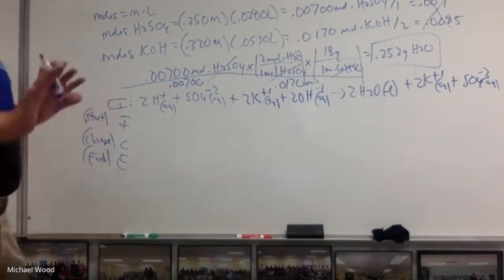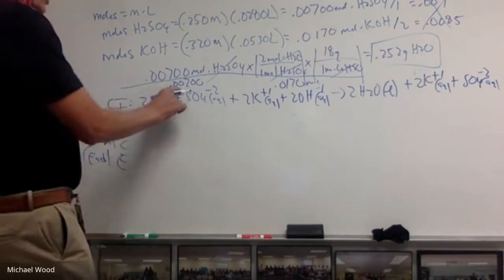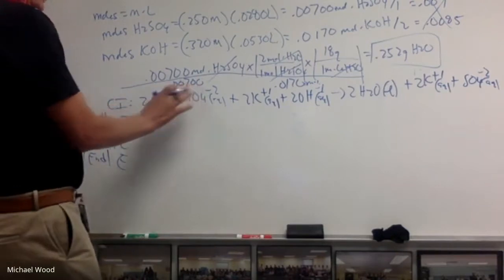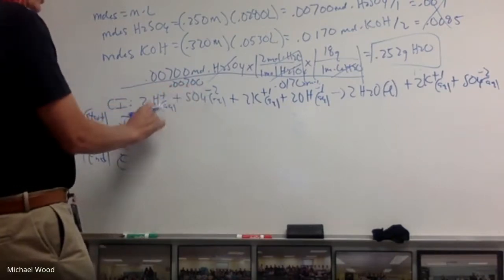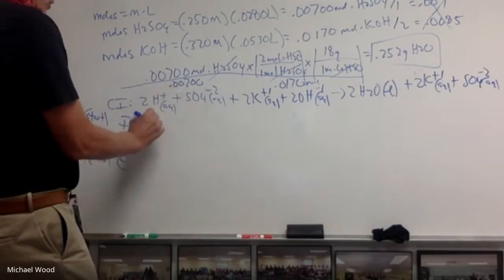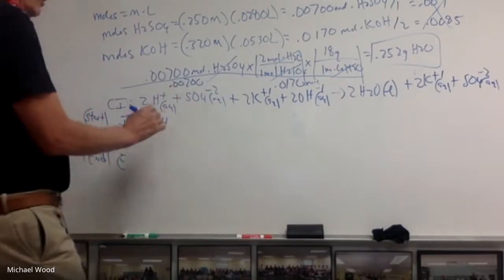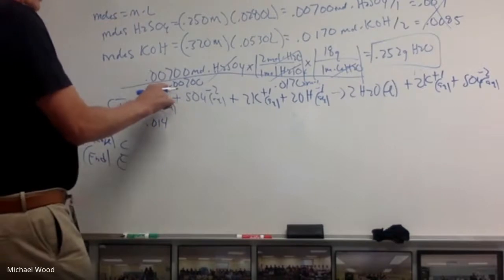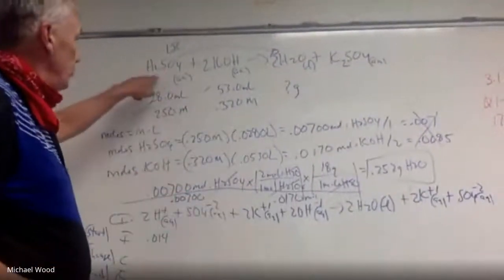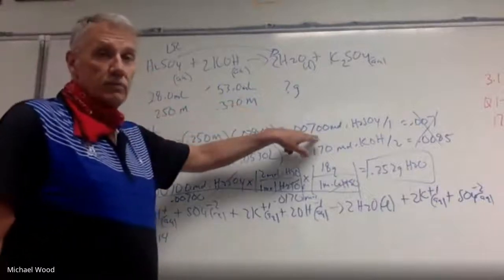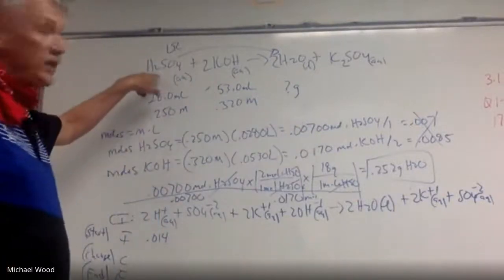Okay, so now you got to watch this. So there's 0.00700 moles of the H2SO4, but there's 2 H's. So I'm going to multiply this by 2. So I'll explain that one more time. If I go back up here, for the H2SO4, there was 0.007 moles of that, but there's 2 H's.